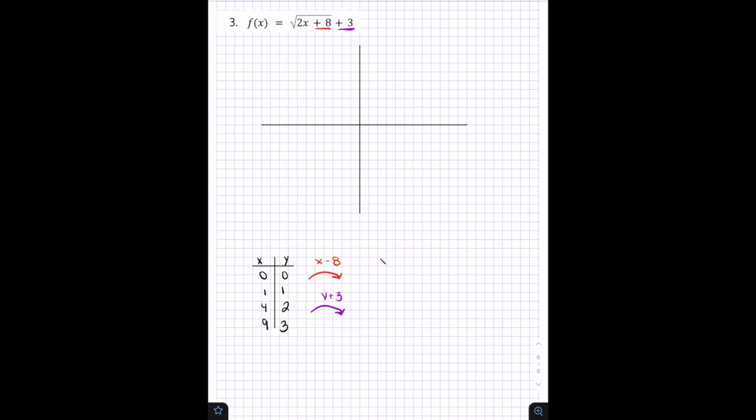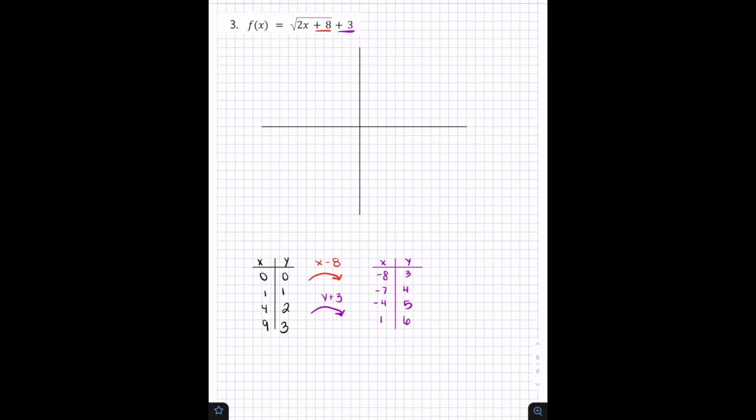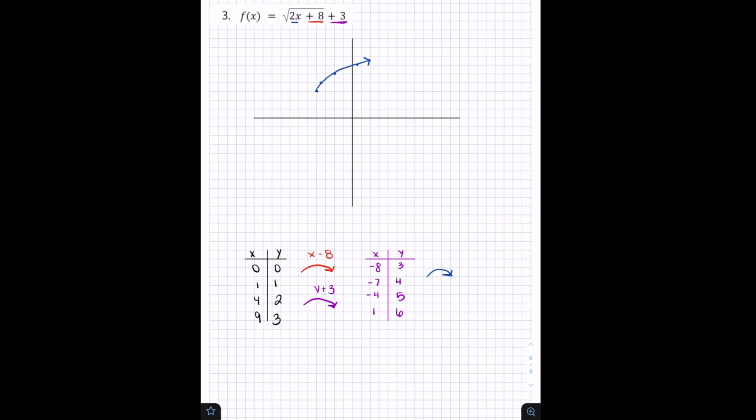So our new table, if we subtract 8 from every x value, we get those values, and then if we add 3 to every y value, we get that. The next transformation is our 2x right here. So this 2 in front of the x means that it is horizontally compressed.